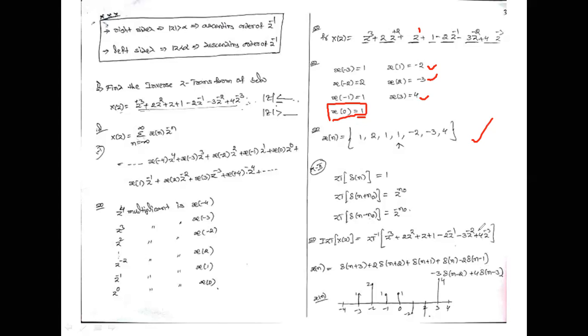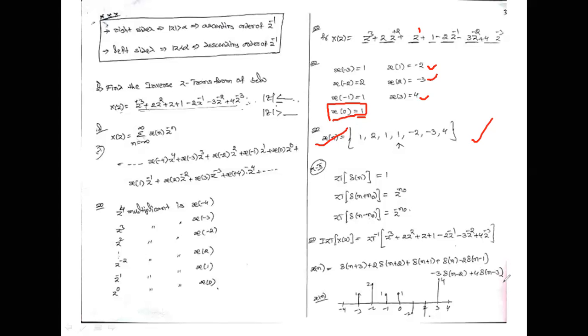With the 2 methods we have, we got the sequence, and directly by knowing the standard equations of the z transformation, delta of n plus n naught, delta of n minus n naught, apply the inverse z transformation, you can write it in terms of delta impulse functions. Got it, my dear students?